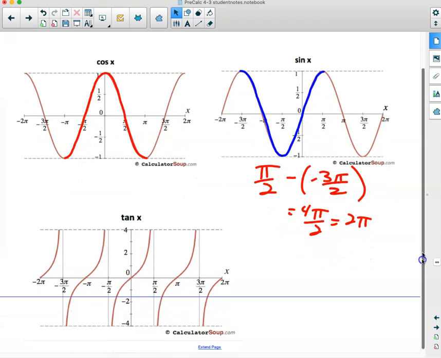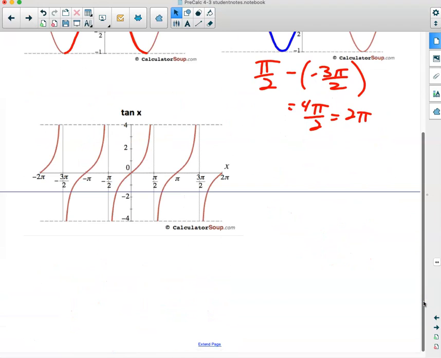Then we get to tangent. And tangent looks so different that, yeah, it is easy for people to forget it's that different. I mean, it really is. So the piece that I would need to copy and paste for this one would be just one of those waves.